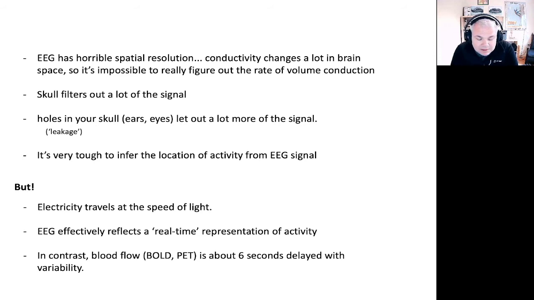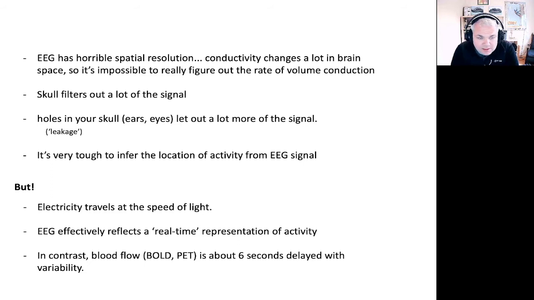But, and here's the big benefit of EEG, electricity travels at the speed of light. And that means that EEG effectively reflects a real-time representation of activity. This is the big contrast with blood flow related brain imaging, like MRI, BOLD, blood oxygenation level dependent signals, or PET, which is looking at radioactive tracers in the bloodstream. Anytime that you're looking at blood flow in the brain as a proxy for brain activity, you know that blood flow has a delay.